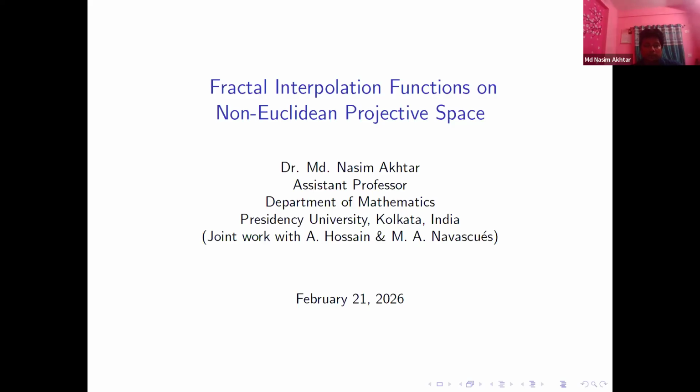Recently, Barnsley et al. introduced a concept known as the real projective iterated function system, and in that article they also mentioned that by suitably modeling that iterated function system, one can construct non-smooth fractal interpolation functions.